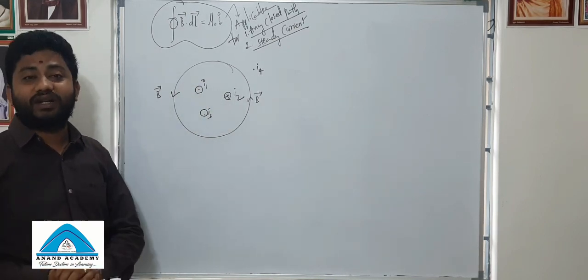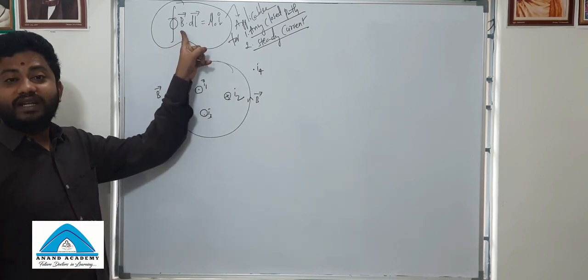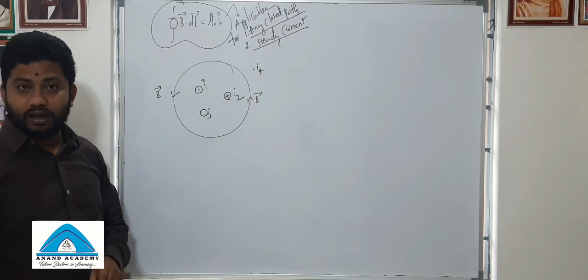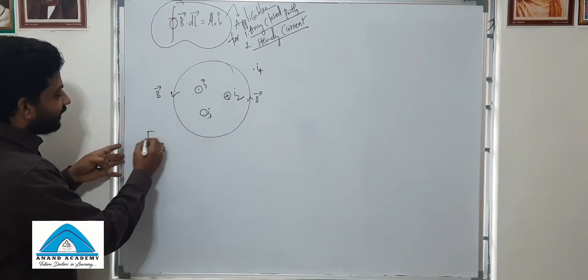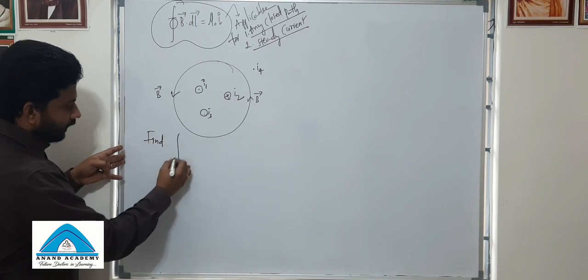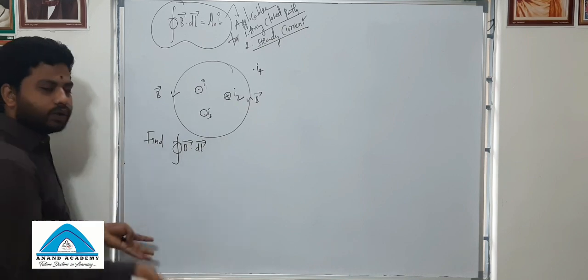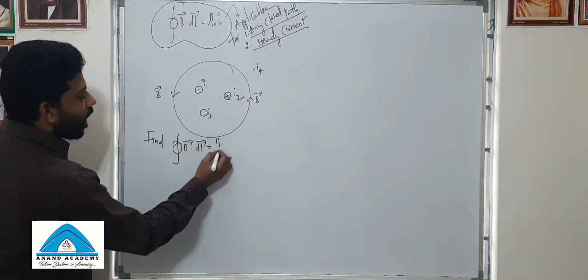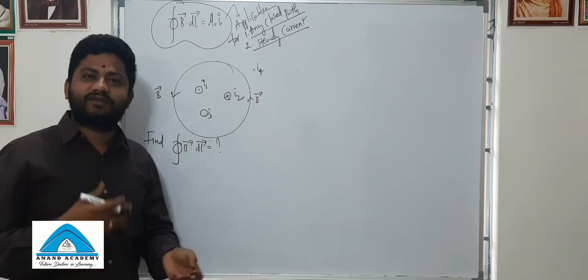The first thing you should understand, see, the question is to find the closed integral of b bar dot dl bar. So the question is to find the line integral of b bar dot dl bar around a closed path. How much is it? It is so simple. You will get the answer in terms of your mu naught.